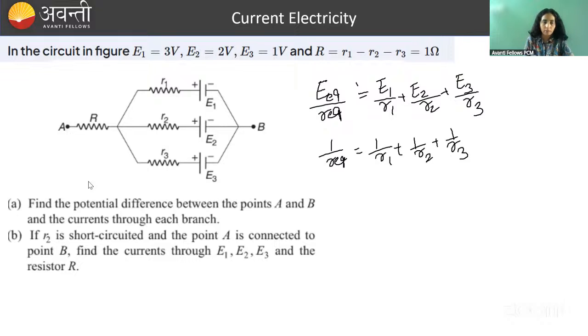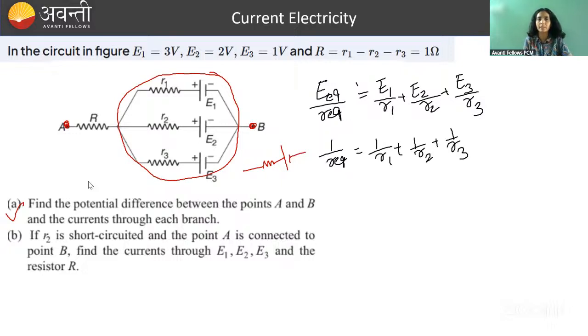So if you look at part A, find the potential difference between point A and B and current through each branch. So first we have to calculate potential difference between A and B. If you look at this circuit, we can reduce this circuit to a single battery having certain internal resistance.